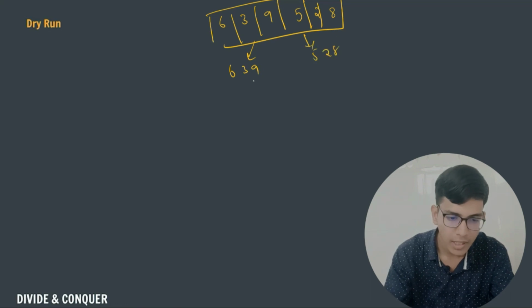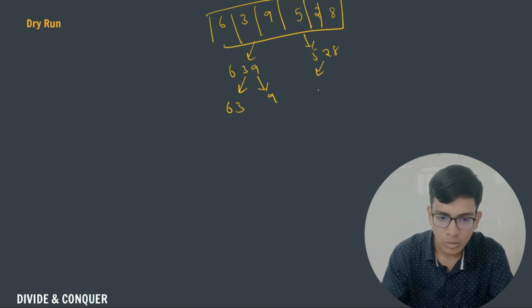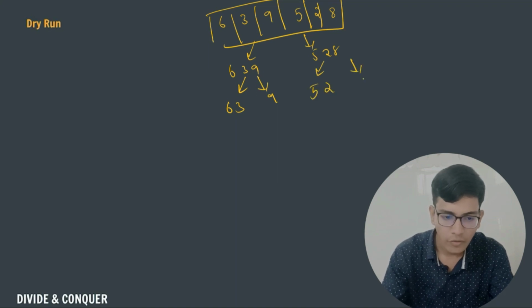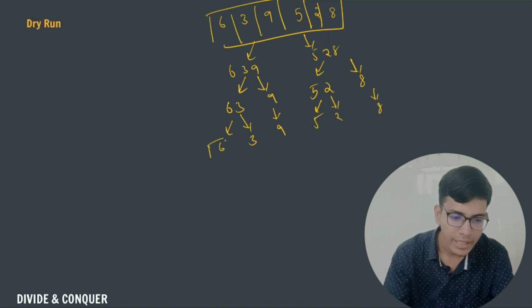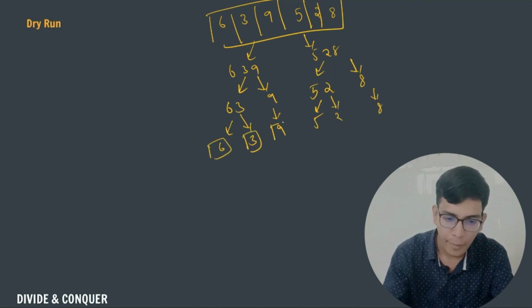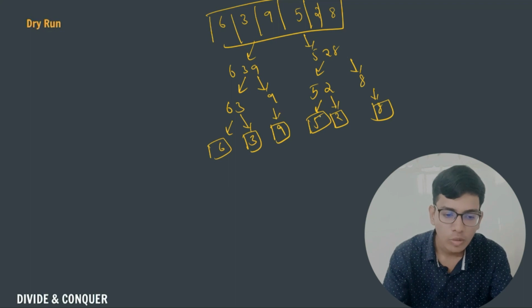After that 6 3 9, after that 5 2 8, after that 6 3 9 5 2 8. So what I did is I broke my huge array into single elements. After that, merge sort left and merge sort right will combine these elements according to their order, according to their comparison.